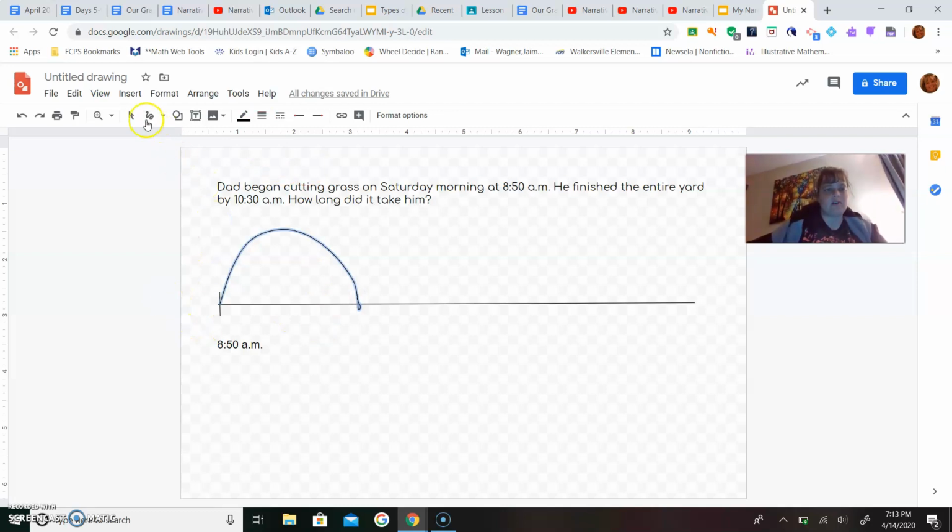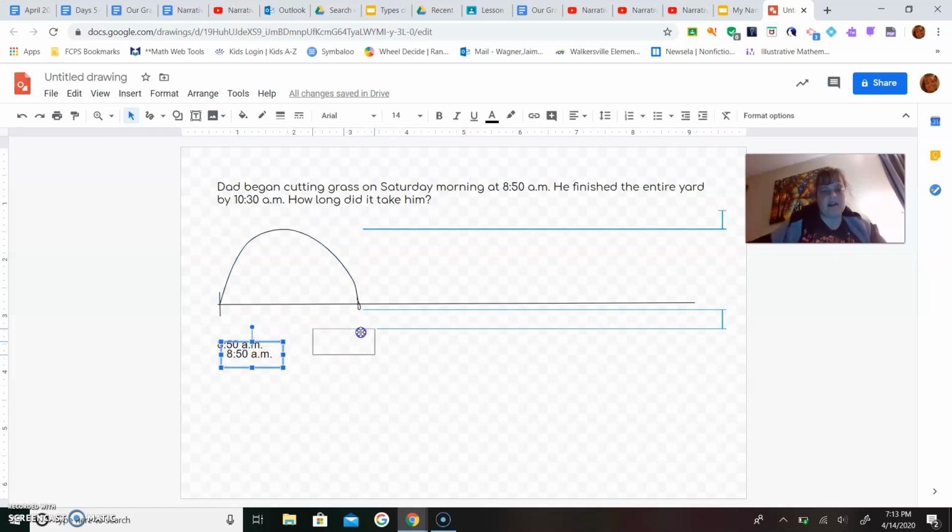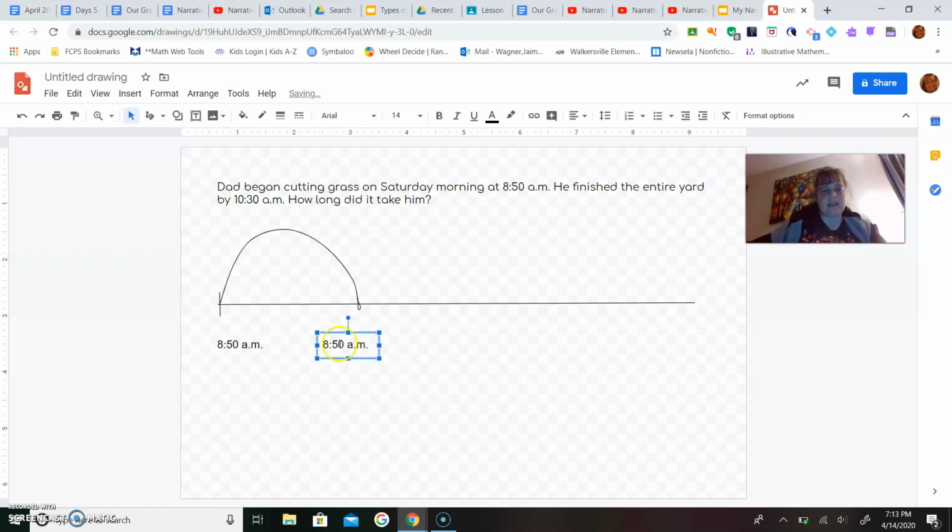So I'm going to grab my arrow, and I'm going to copy this little text box and paste it over here. So here, I jumped 1 hour, from 8:50, and now I'm at 9:50.